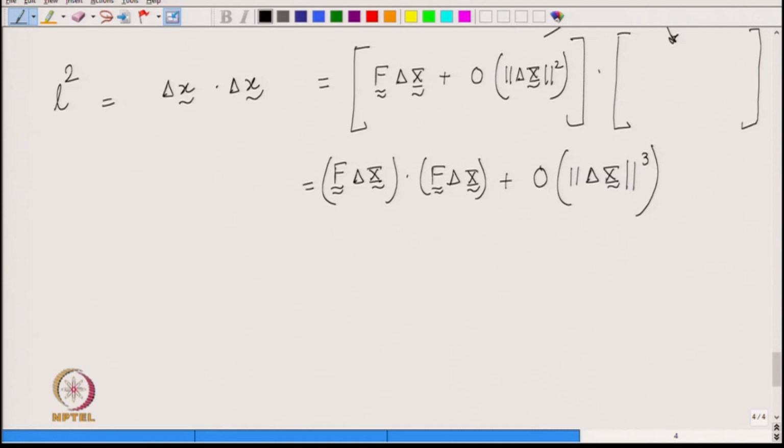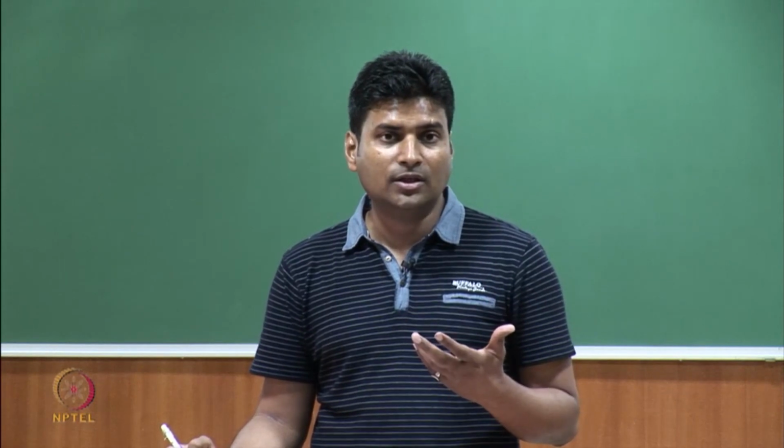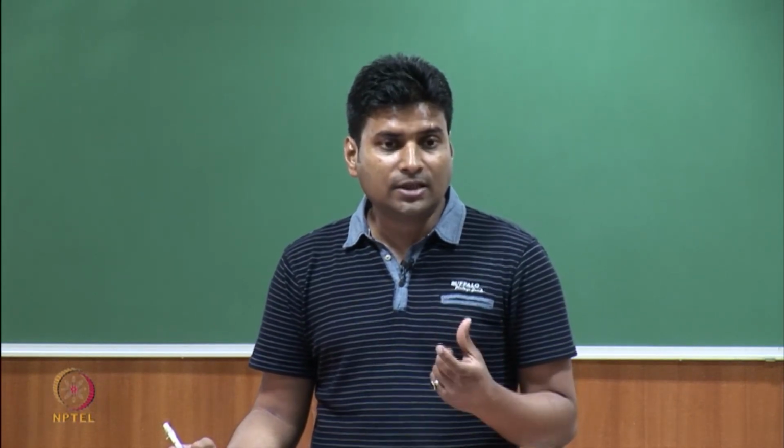Now, what can we say about the original length? So, the original length, if we say big L square, so that is delta big X dot with delta big X, is not it? Okay, so, now what can you say about, let us say, the stretching in that line?